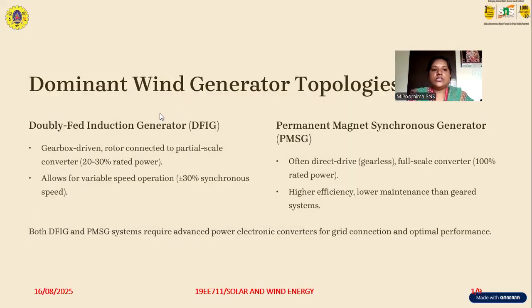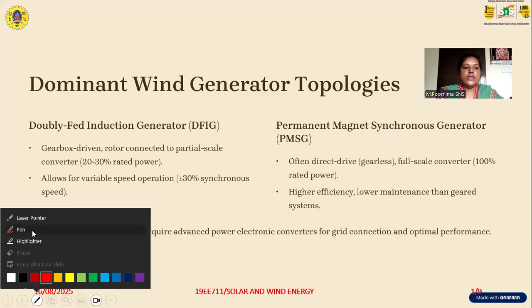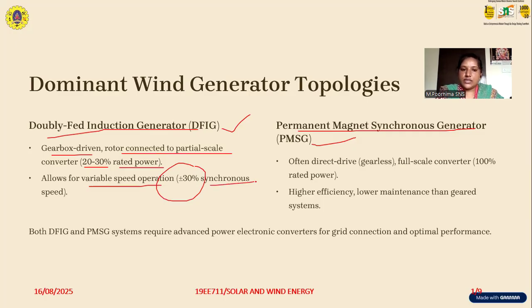First, what are the dominating wind generator topologies? We have already seen the doubly fed induction generator and the permanent magnet synchronous generator. The doubly fed induction generator is gearbox driven, with the rotor connected to a partial scale converter, that is 20 to 30% of rated power, and allows variable speed operation, about plus or minus 30% of synchronous speed.